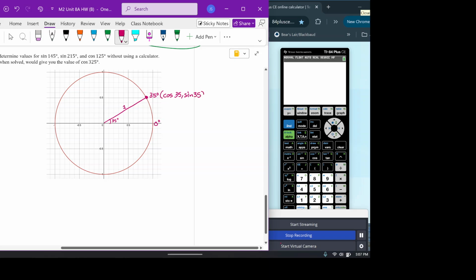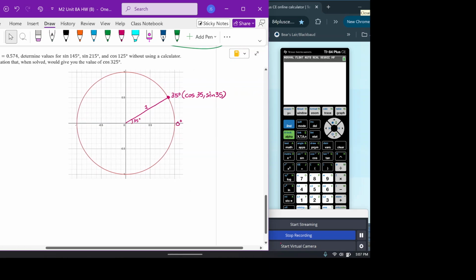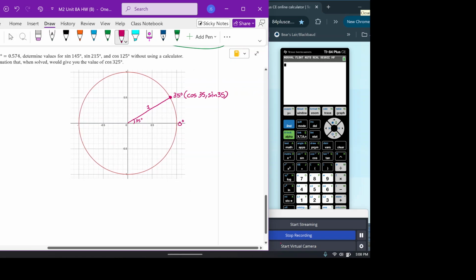And what we know is that sine 35 is 0.574. So this value right here is 0.574, which really means the height is 0.574. Okay.